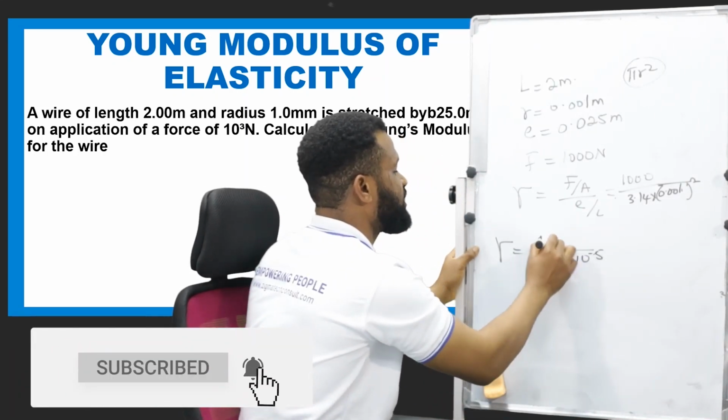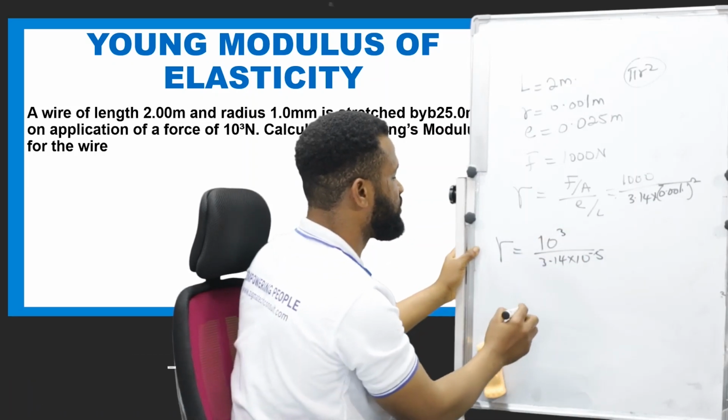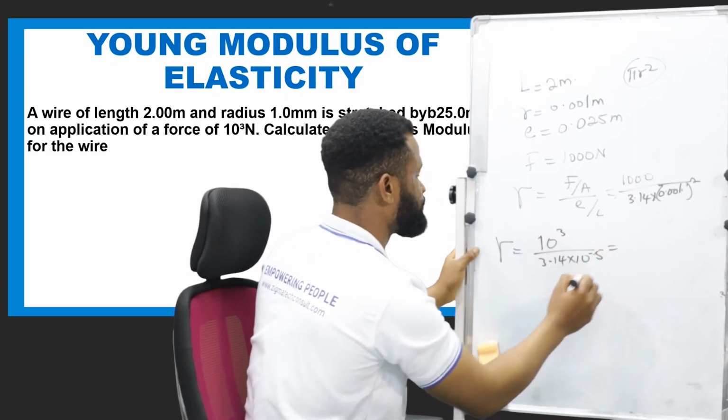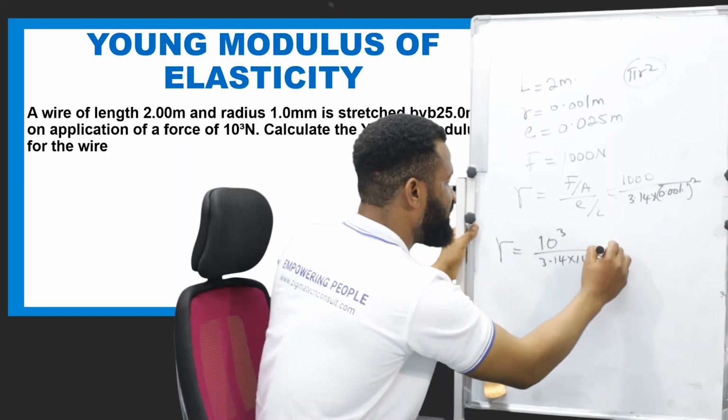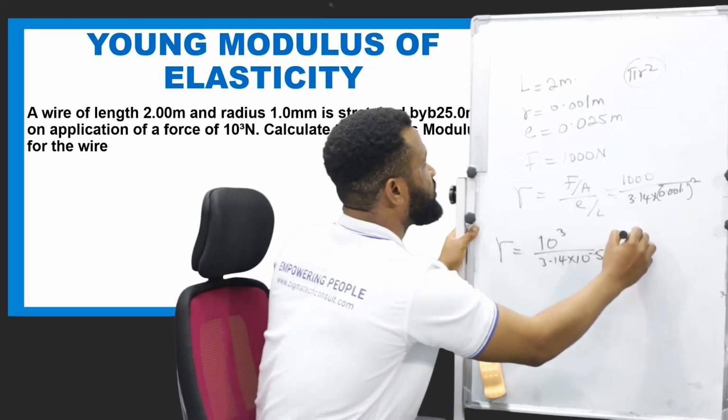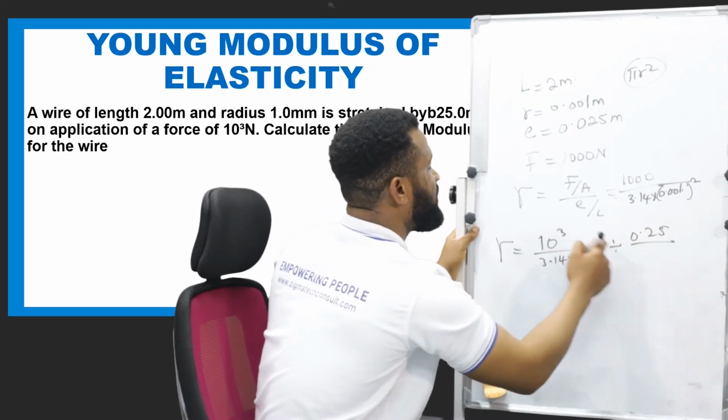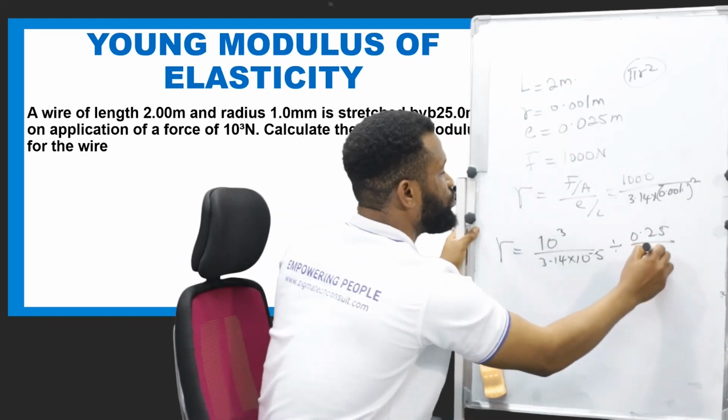I'm going to write this one as 10 raised to the power 3. Then I will divide this by the extension, 0.025 divided by the length, which is 2.